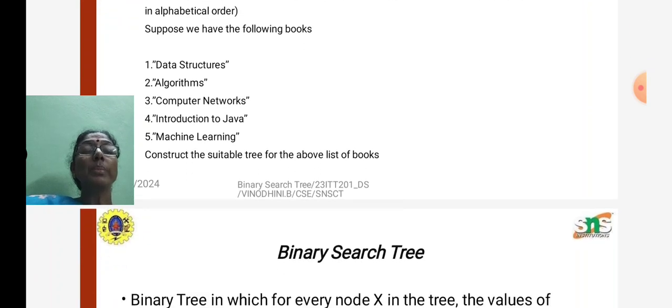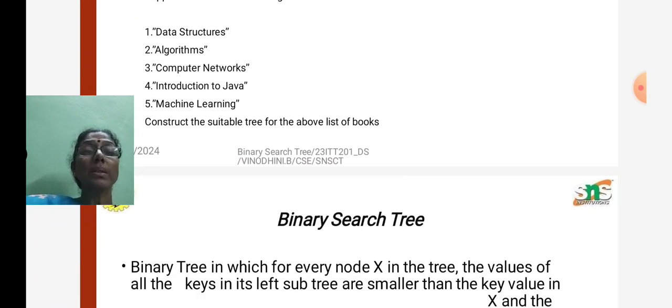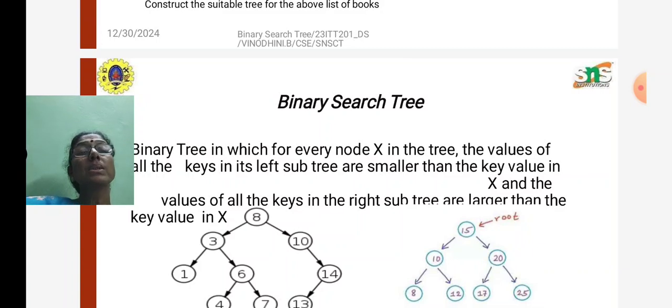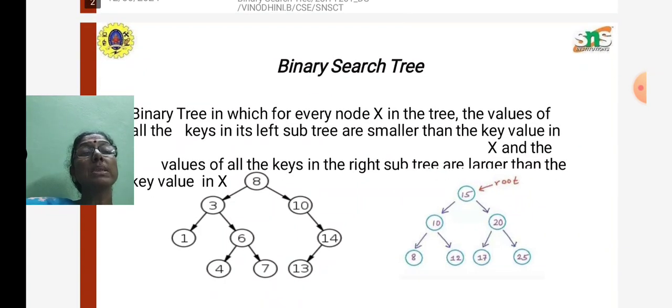So how to do it? First, we have to know about the BST. Using the binary search tree, we are going to insert the given books in the order given. A binary search tree is nothing but a binary tree where, for every node x in the tree, the values of all the keys in its left subtree are lesser than the key value in x, and the values of all the keys in the right subtree are larger.